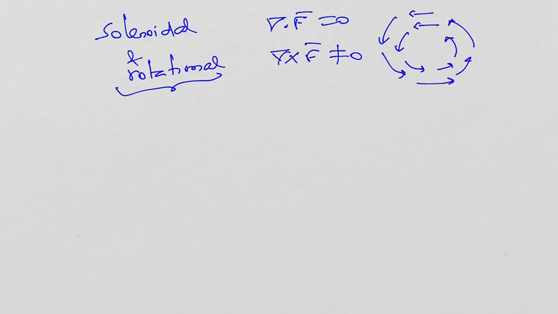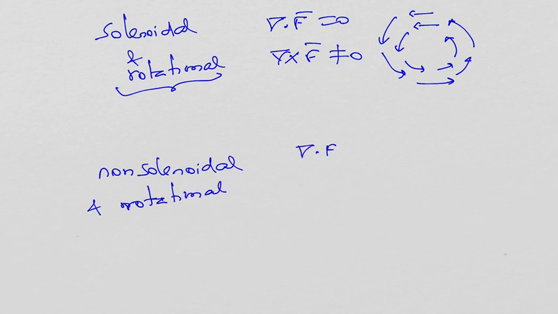Okay. Similarly, non-solenoidal and rotational. Del dot F is not equal to 0 because it is to be non-solenoidal, and del cross F is not equal to 0 because it is rotational.